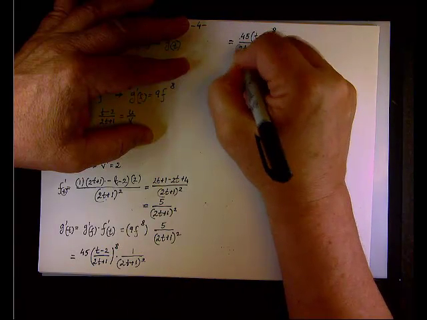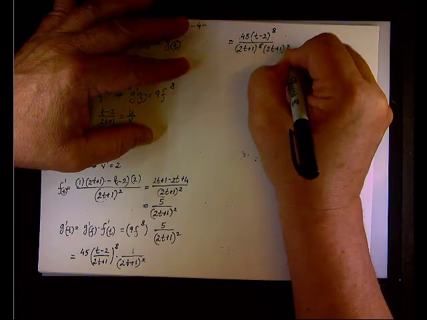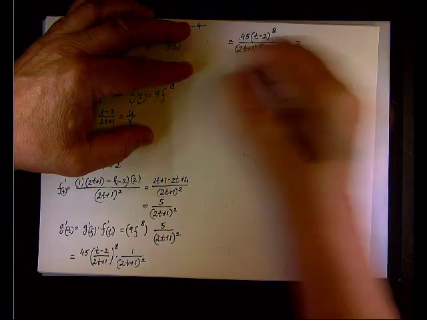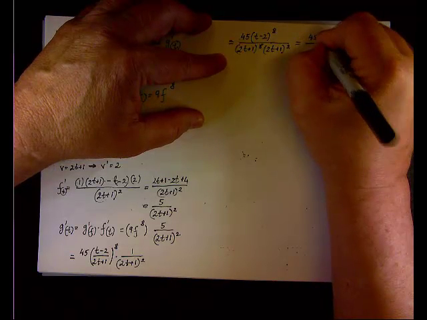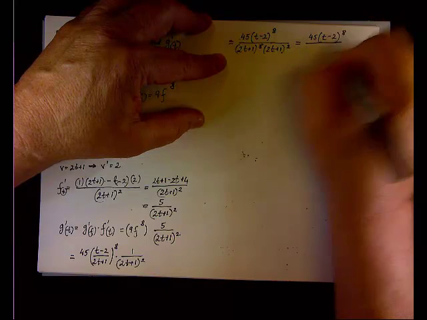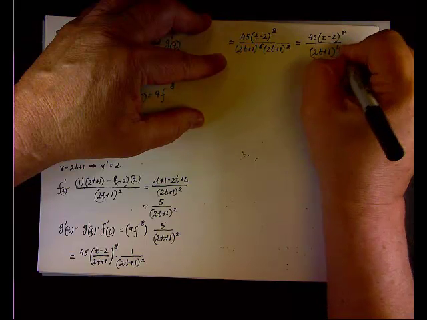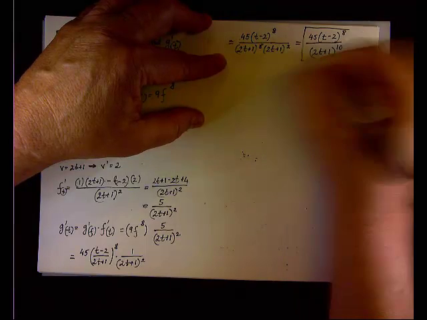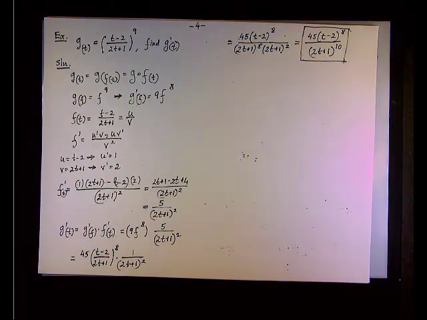We have (2t plus 1) to the 8th power, but also we have (2t plus 1) squared from here, and multiply the denominator to get the final answer. 45 times (t minus 2) to the 8th divided by (2t plus 1) to the 10th. 8 plus 2. And this is the answer.